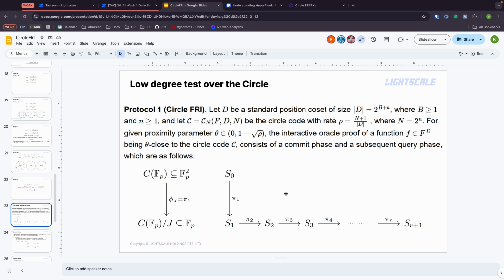First, the evaluation is bivariate, and then the P1 is the inverse projection, or J projection. This converts our evaluation to a univariate evaluation domain. Then we keep the square folding, and we get to the final degree one, I mean the constant evaluation domain, right?